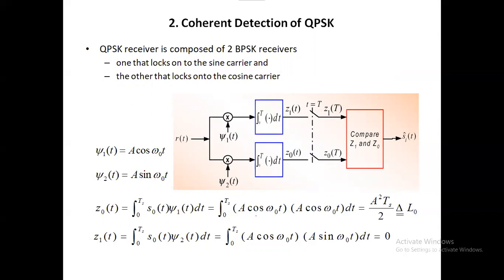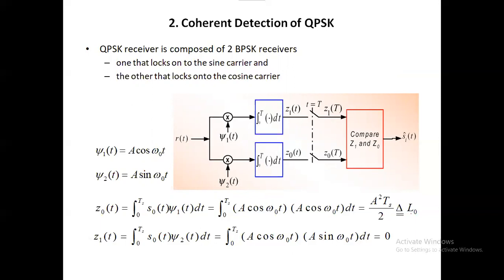Multiplying by cosine of omega naught t, you get the output equal to root Ts by 2.